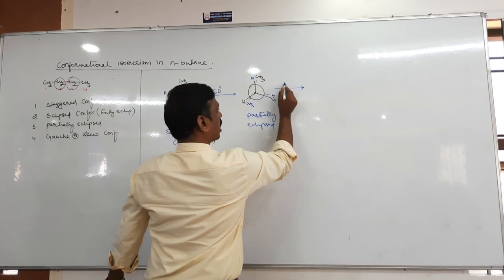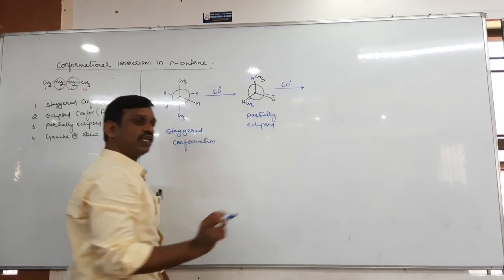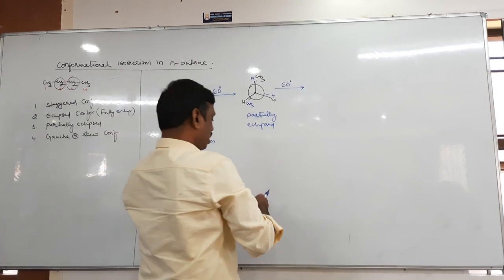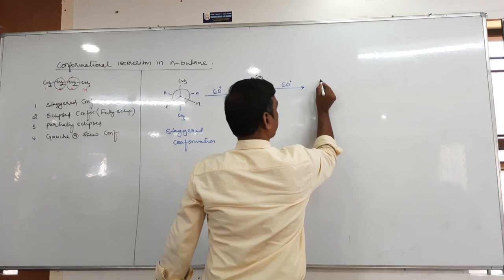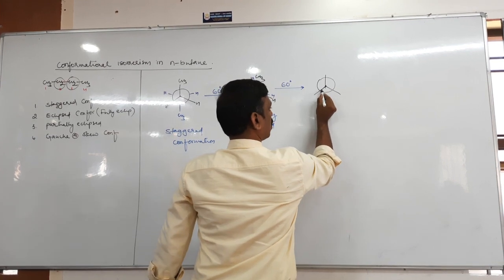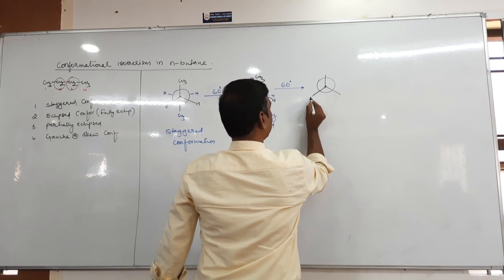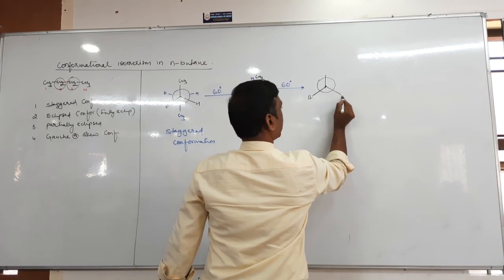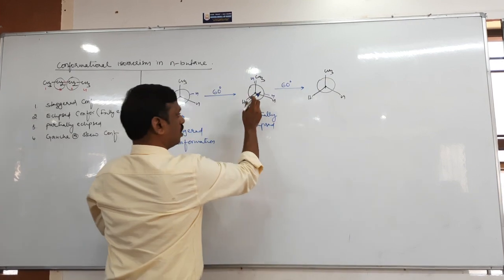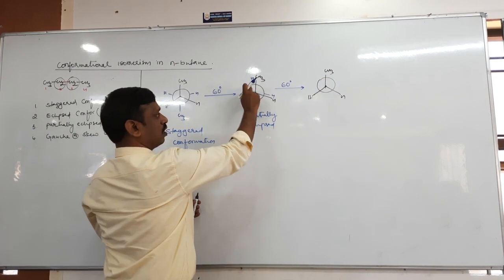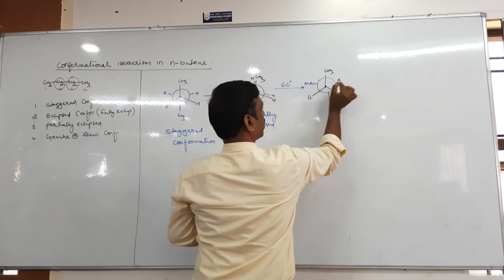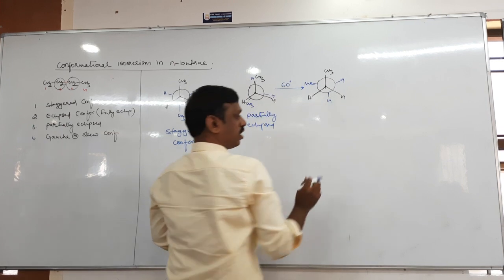When partially eclipsed, rotate again 60 degrees to the right, rotating the back carbon while keeping the front carbon constant. The front carbon has hydrogen, hydrogen and methyl in the same position. Now tell me, this methyl comes where? In the middle.